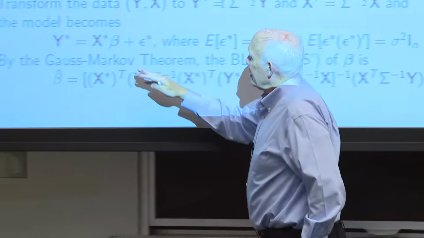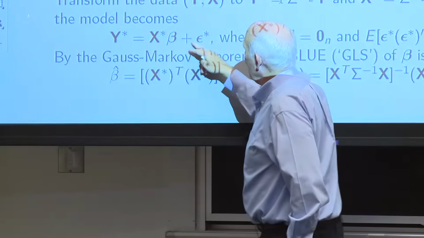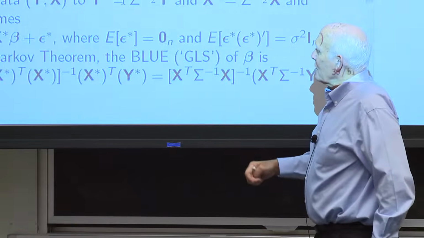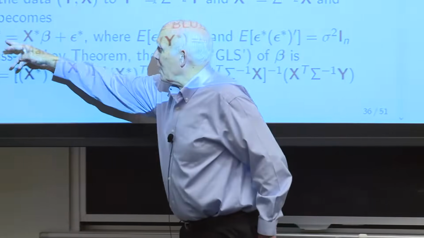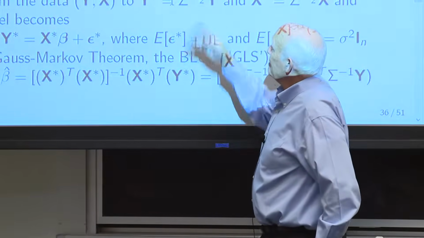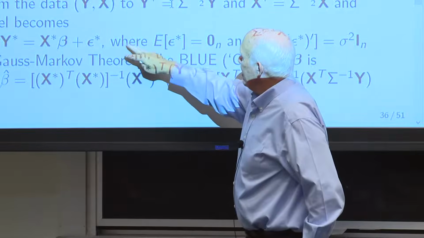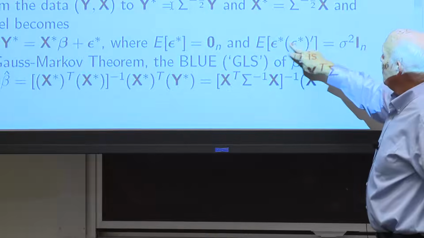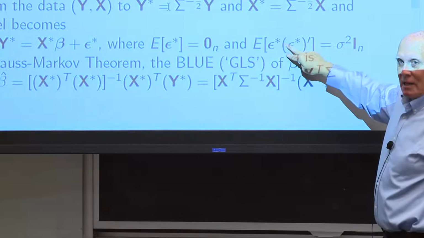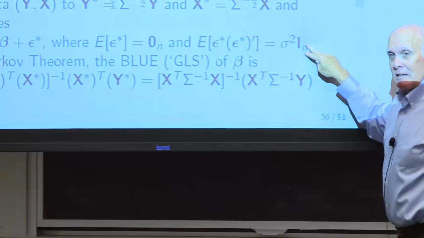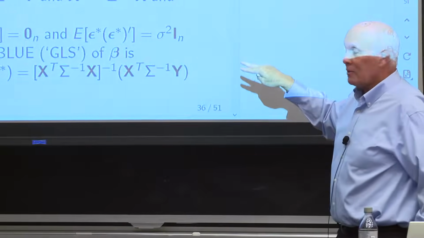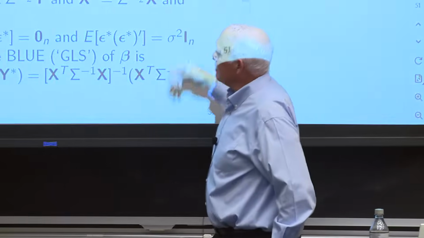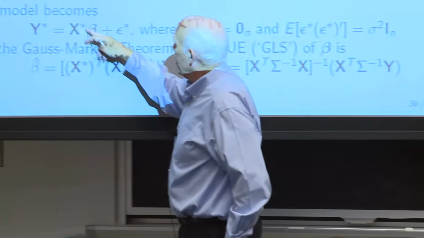And if we do that, we're basically transforming our model to the starred case where the Y star and X star, as we've represented here, the epsilon star will have mean 0, and the covariance matrix of the epsilon stars will actually be diagonal with constant variance.